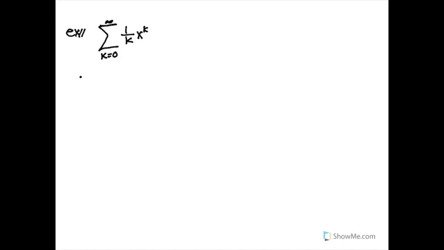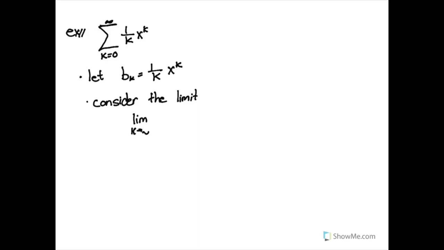Right, so to use the ratio test, to make things simpler, let's say bk equal to 1 over k times x to the k. So we want to use the ratio test for non-zero x, so we need to consider the limit as k goes to infinity of the absolute value of bk plus 1 over bk.